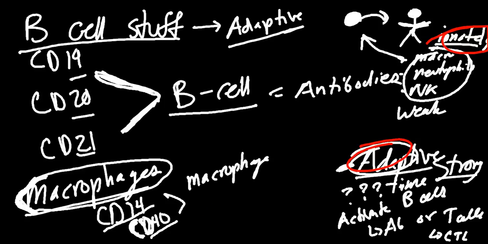Alright. New slide here. Going to finish up with just a couple other ones. You've got CD16. When you hear CD16, it can be associated with a whole bunch of stuff. CD14 and CD40 were associated with macrophages.